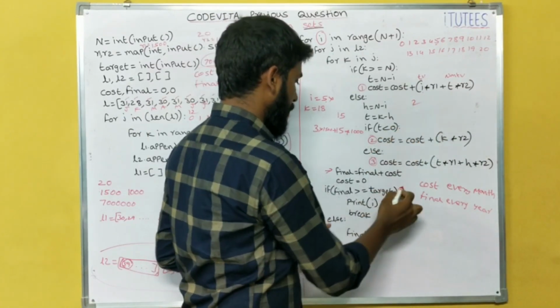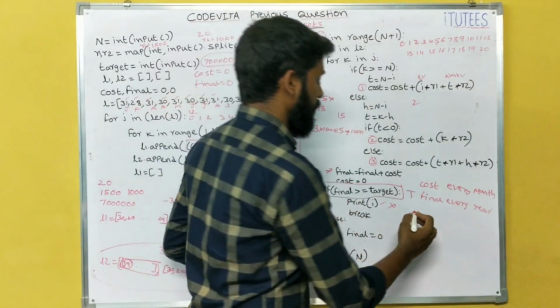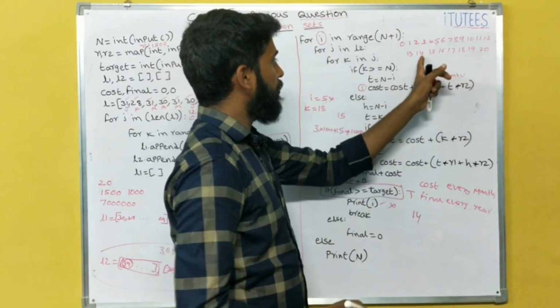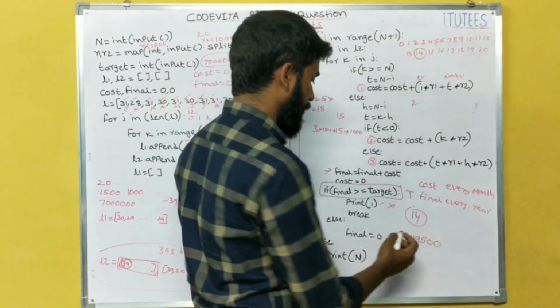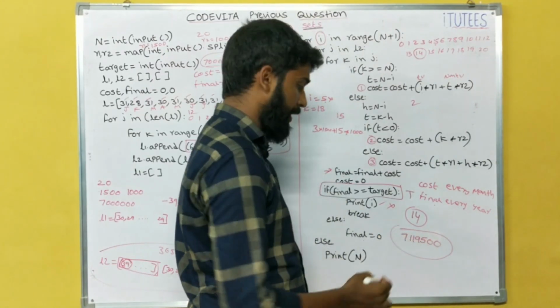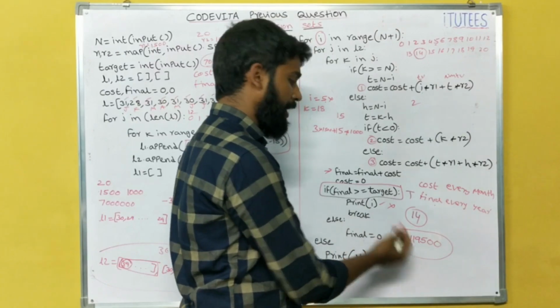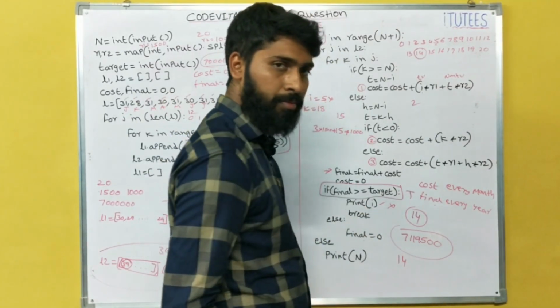Like that, this condition is true when I becomes 14. We got the final value as 71,19,500. So this is greater than 70 lakh. So I can print the 14.